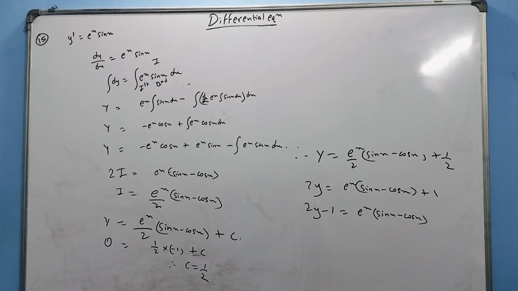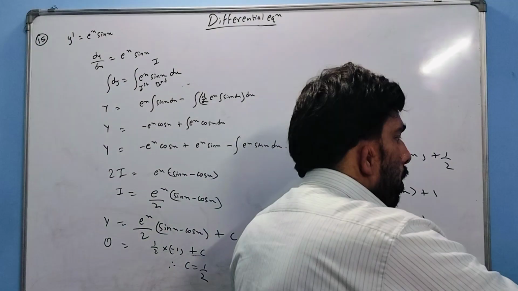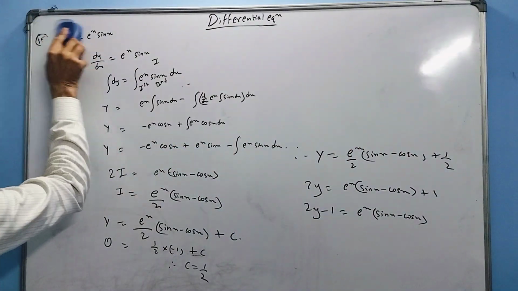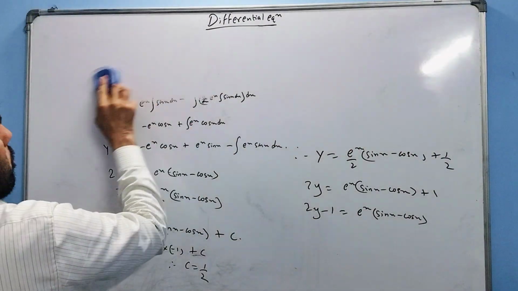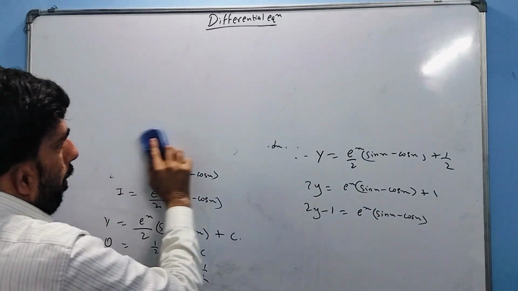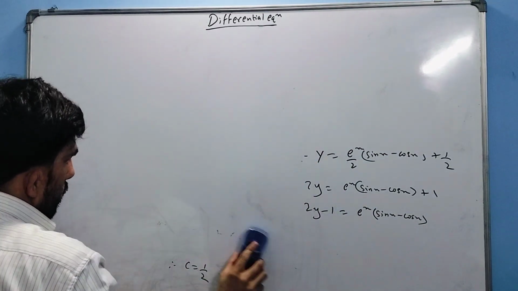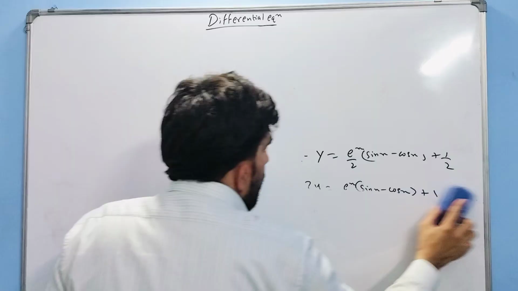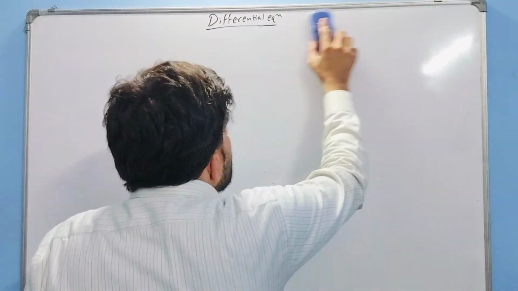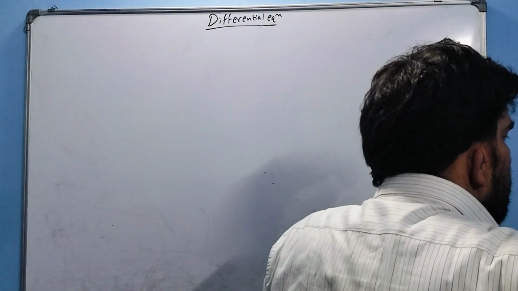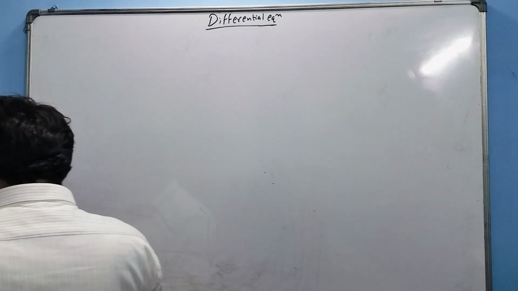Now let us try to solve the 16th question. We have 15 questions we have just solved. Now we'll try to solve the 16th one. Now what they have given and what they are asking now, let us see. They are asking to find the equation of a curve.